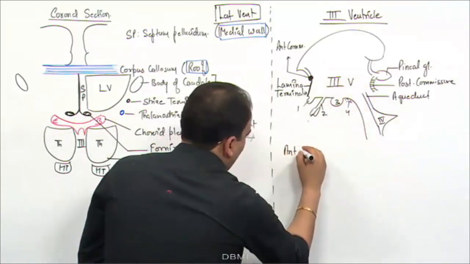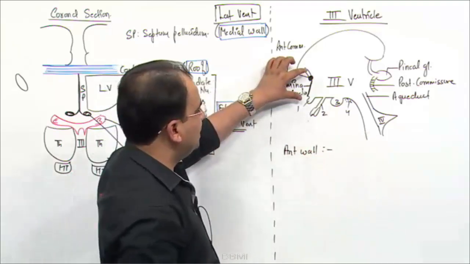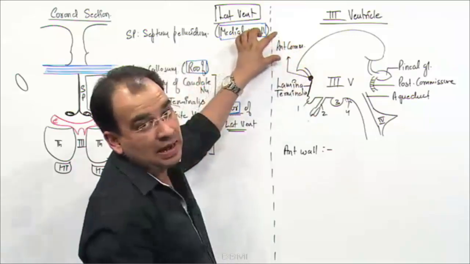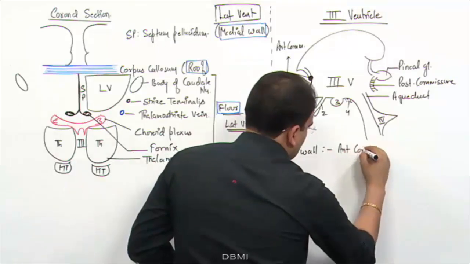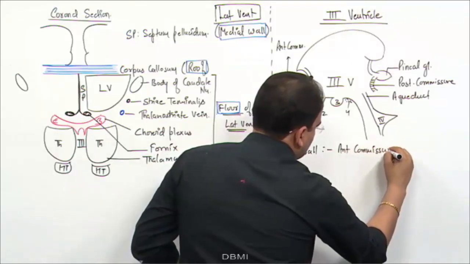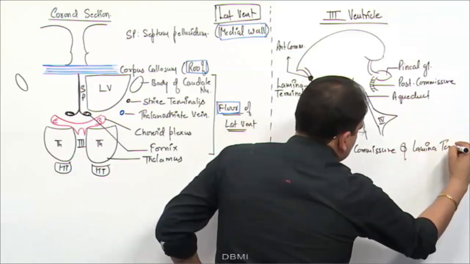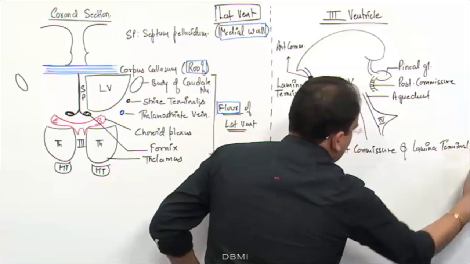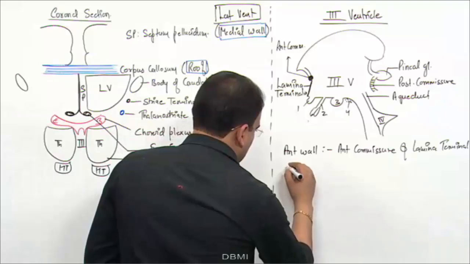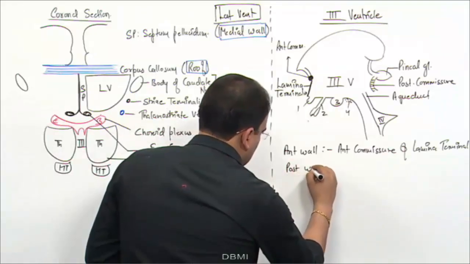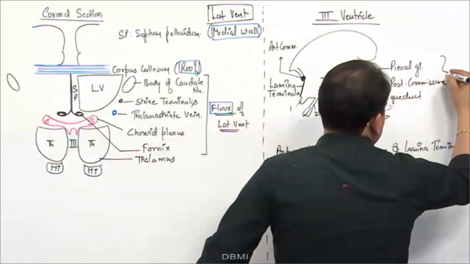See, the anterior wall of third ventricle is by these structures. I mean, this is the anterior wall of third ventricle, that is by anterior commissure and lamina terminalis. Posterior wall is by these three structures.